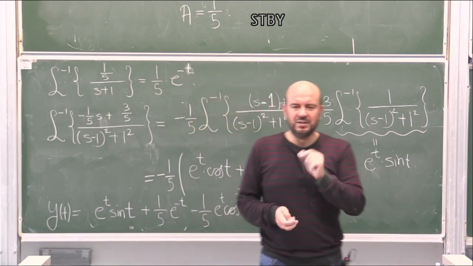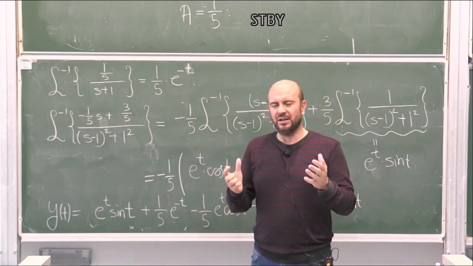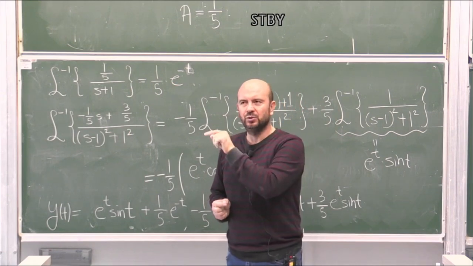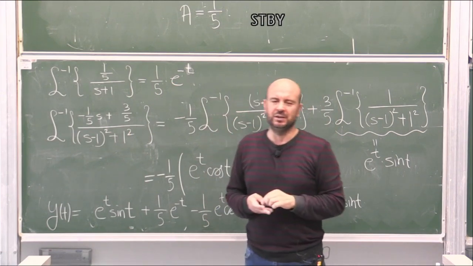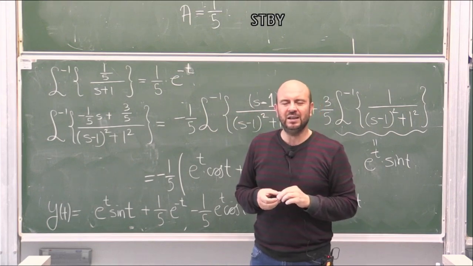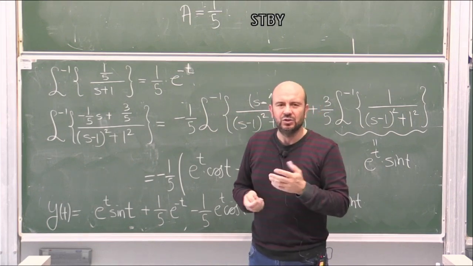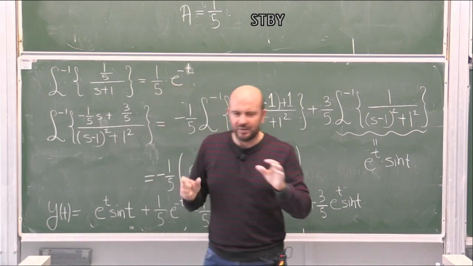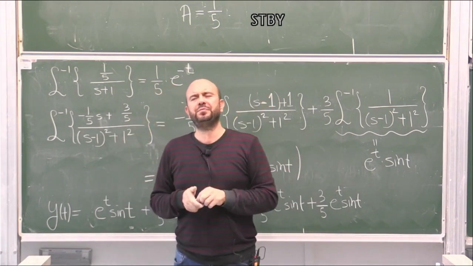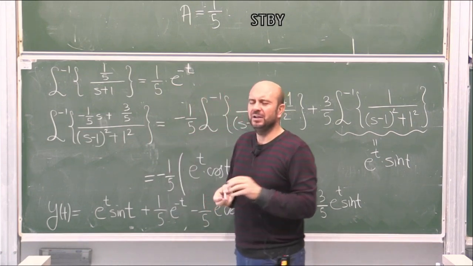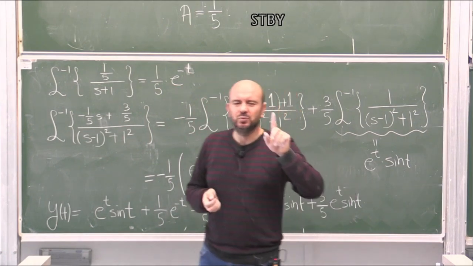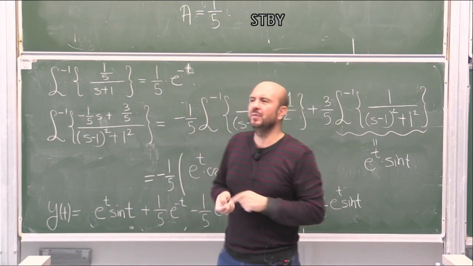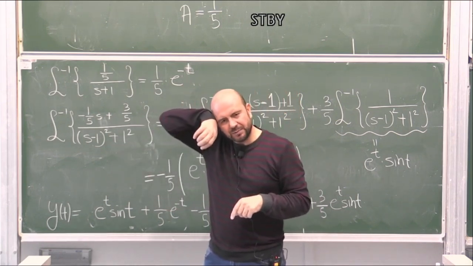If you look at this problem, I had the second derivative minus 2y prime plus 2y is equal to e to the minus t. So on the other side, I had e to the minus t. Remember the similarity with mechanical problems like m y double prime plus gamma y prime plus k y.